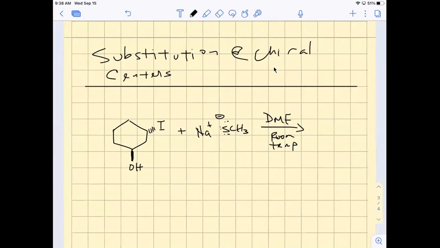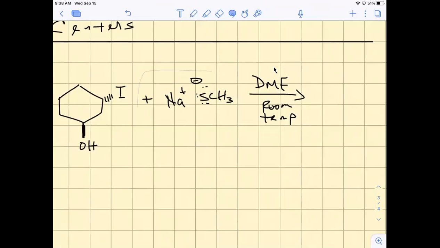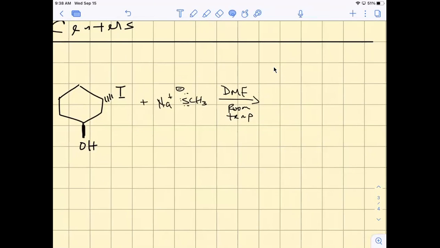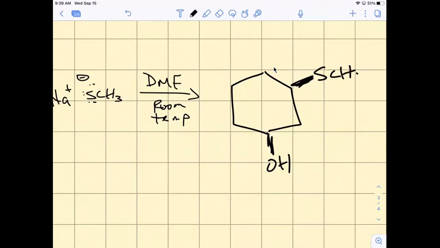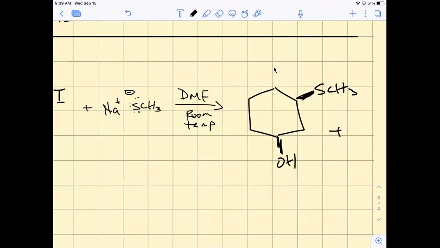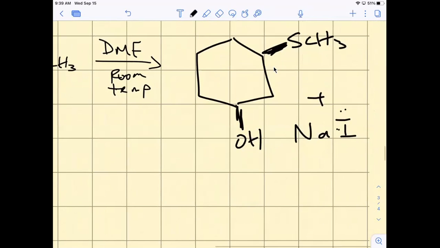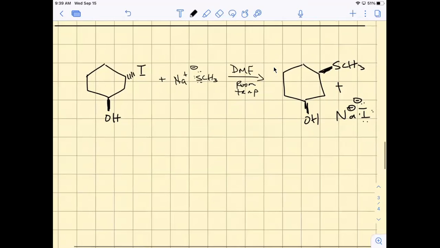So when I do this reaction, what happens in this case is you do get an SN2 substitution, but you'll notice the stereochemistry is different, right? Anybody remember what we call that when the stereochemistry changes like that?